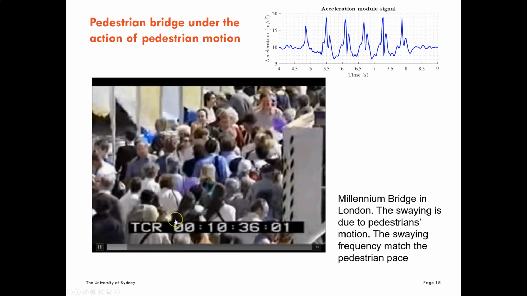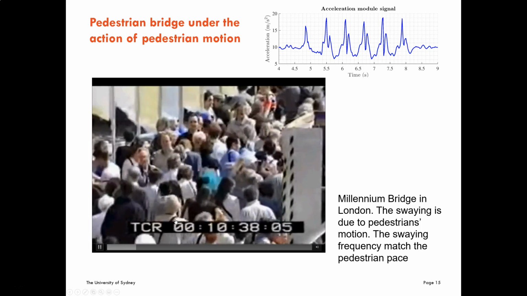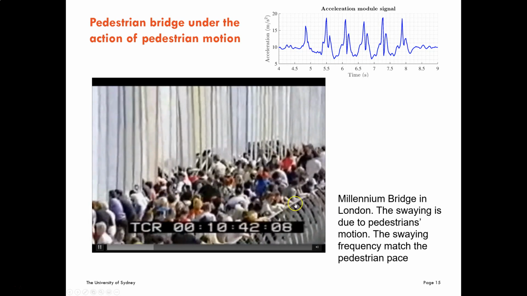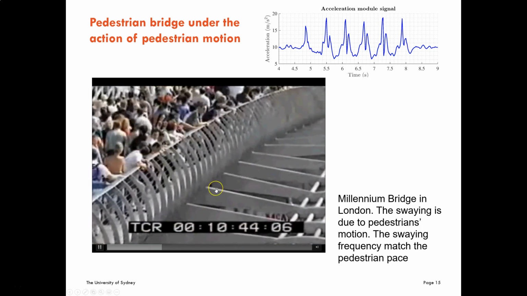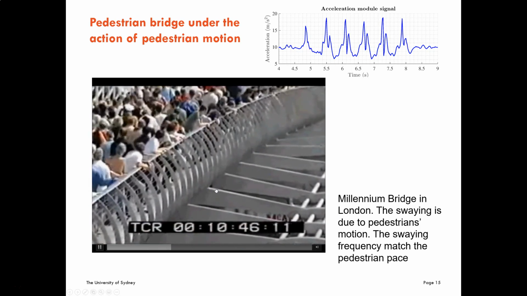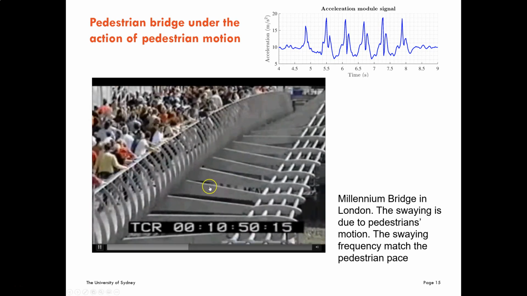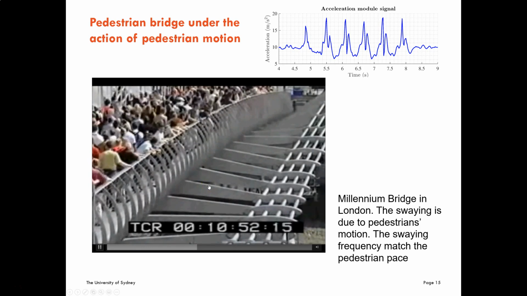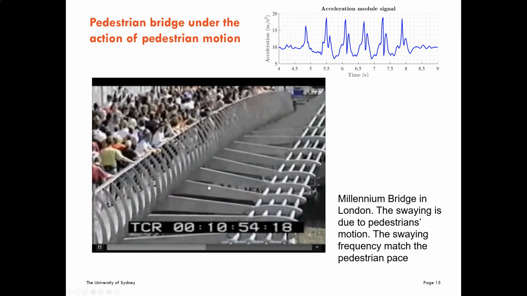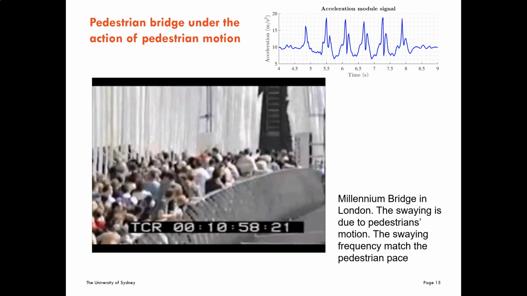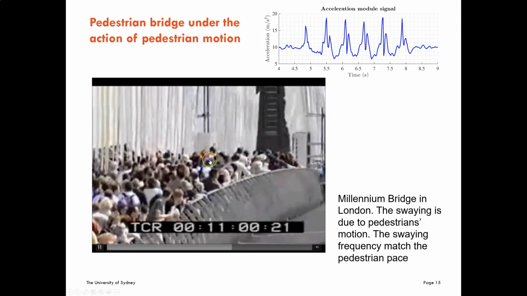You can see that due to the pedestrian pace, the bridge is going to start to oscillate at a similar frequency. This is a typical case of resonance. Luckily, this bridge didn't collapse, but after the inauguration the engineers had to put in some dampers to reduce the response at this particular frequency.